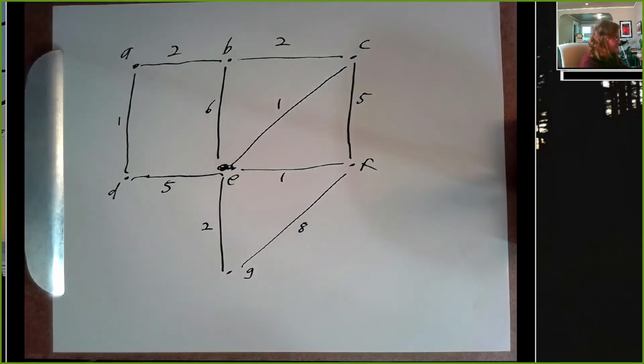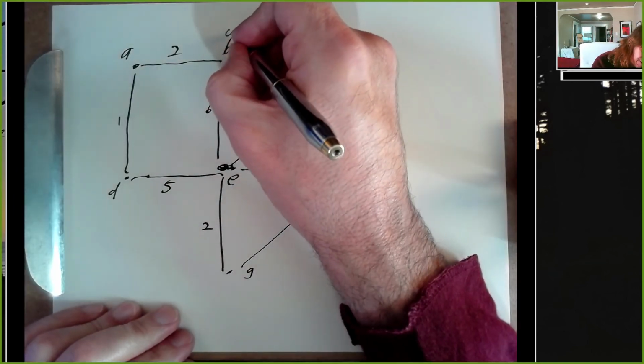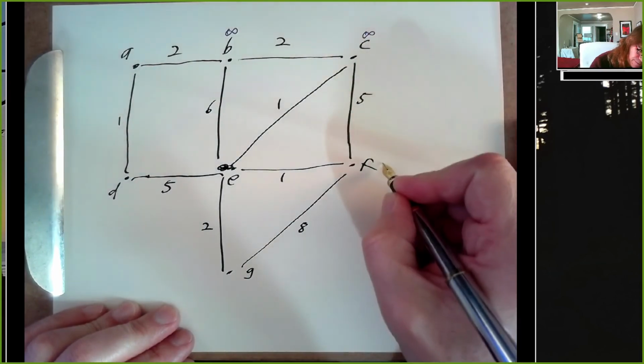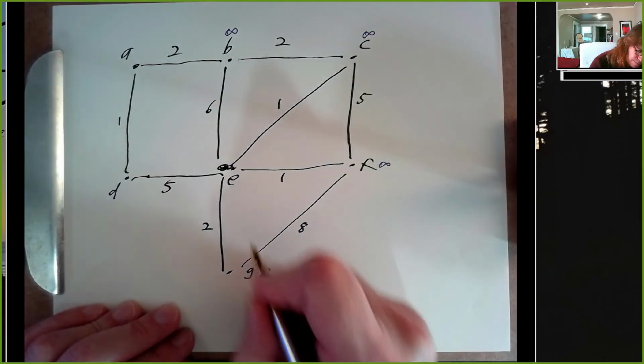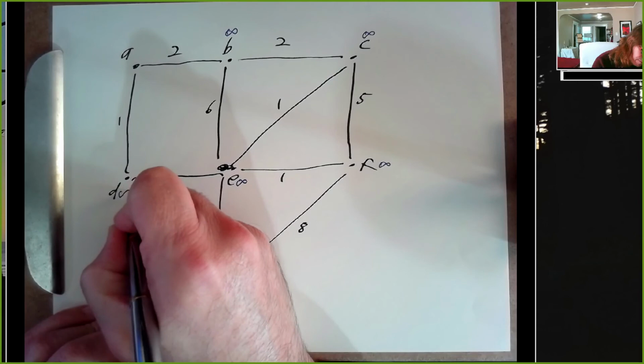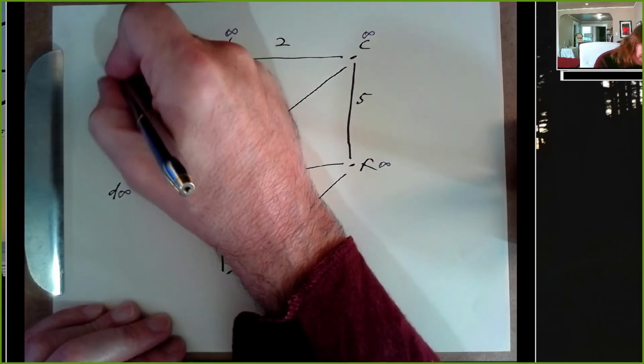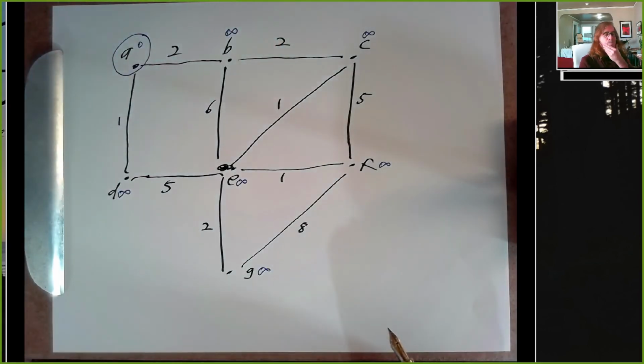All right, so let's do this again, but let's track the information along the way. So tentative distance is infinity. Tentative distance 0. This node is visited.